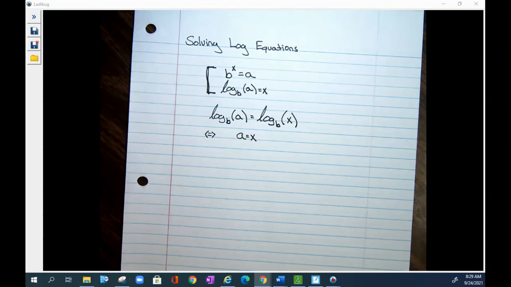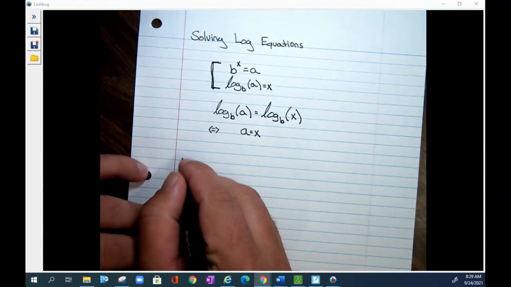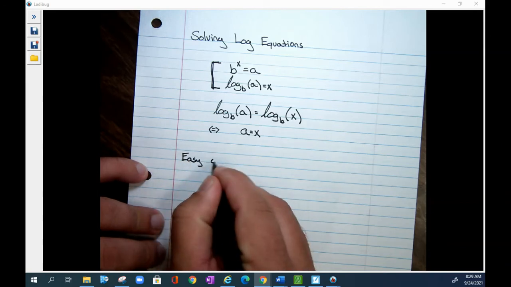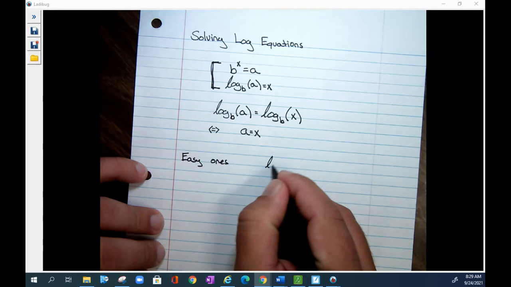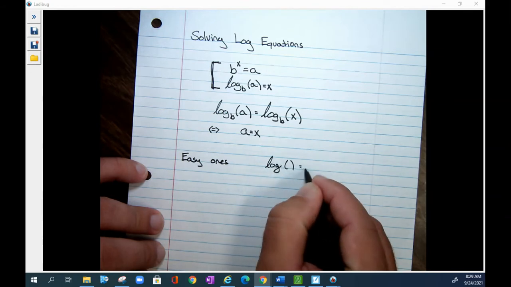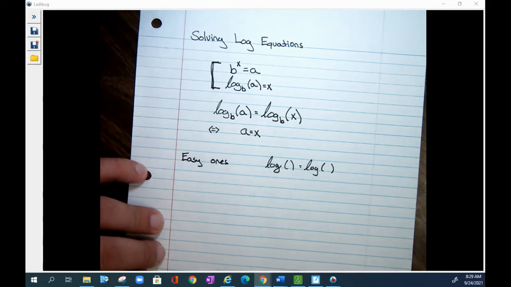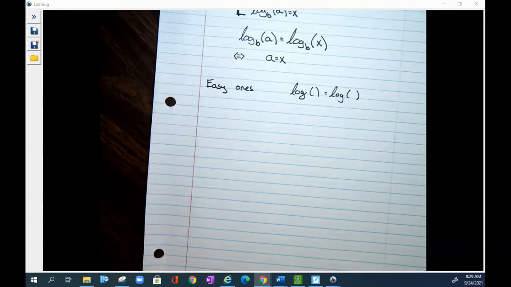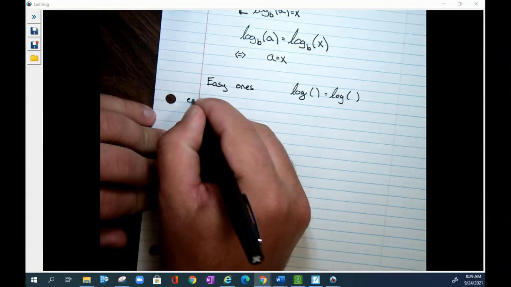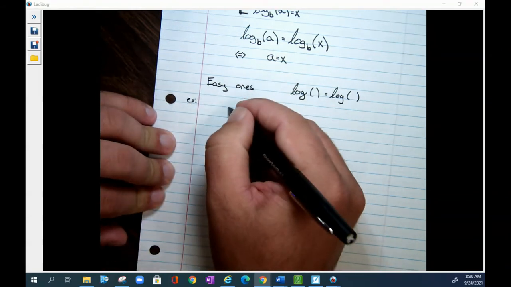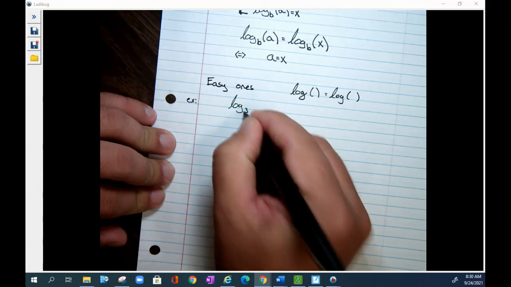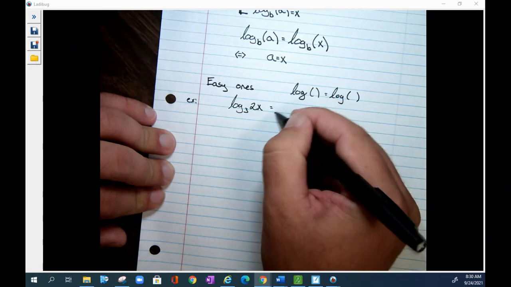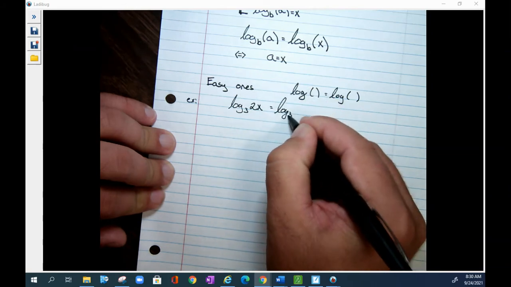let's talk about the easy ones first. Okay? We're going to do a really easy one right off the bat. So here are the easy ones. So in other words, that's when you got log equal to a log. Not a whole lot to do. Okay? So if I've got something like this, log base 3 of 2x equals the log base 3 of 8.